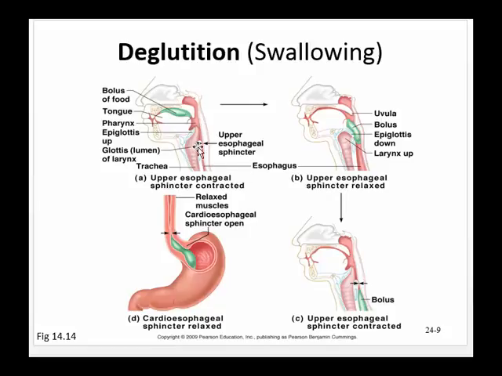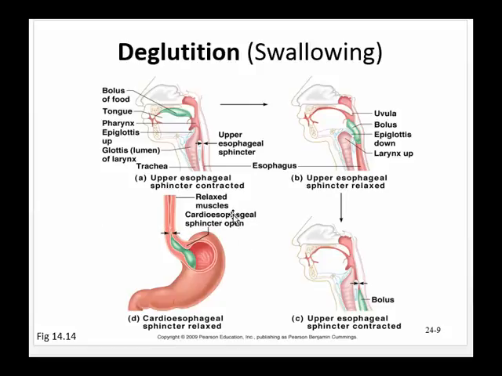At this point, the upper esophageal sphincter is closed. But once that voluntary phase takes place, then the pharyngeal reflex starts. That sphincter is going to open, and the bolus of food enters the esophagus. Then that sphincter closes, and now the bolus is in the esophagus, and it's going to move through peristalsis, through the esophageal phase, down into the stomach.